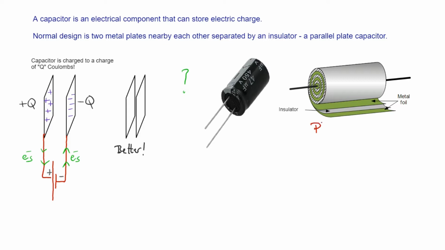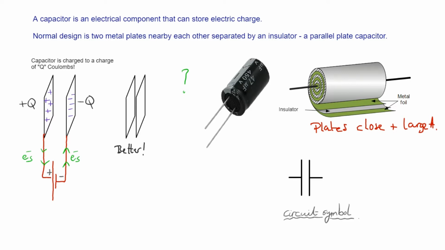So the plates are close together, and not only that, there's a large surface area. So we end up with a really good capacitor, a good possibility of storing loads of charge. The circuit symbol for a capacitor, you'll know, is these two parallel plates, which makes a lot of sense. So from now on, we'll draw them in that way.